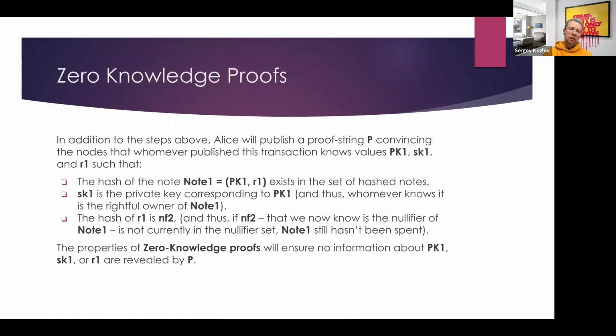That's not privacy. We can use the properties of zero knowledge proofs to ensure that no information about our public key, about our secret key, about our nullifier value is revealed by us when sending the transaction.